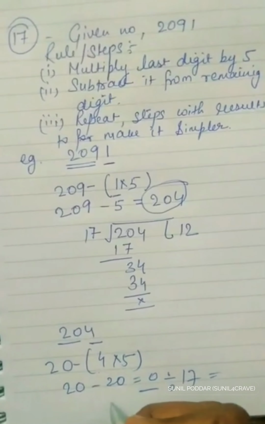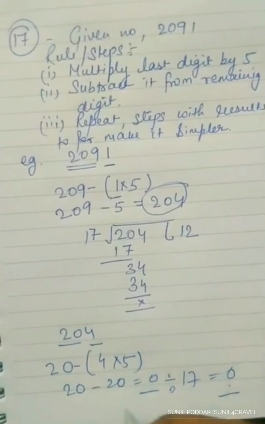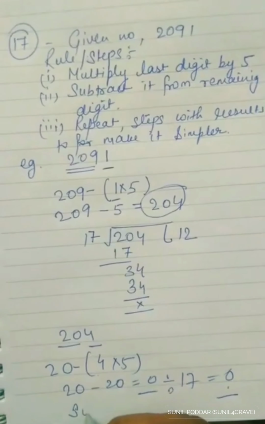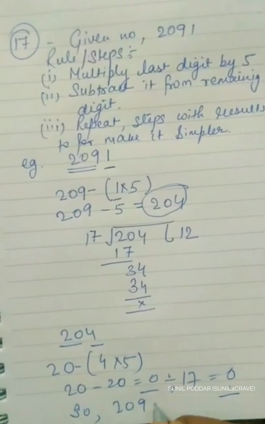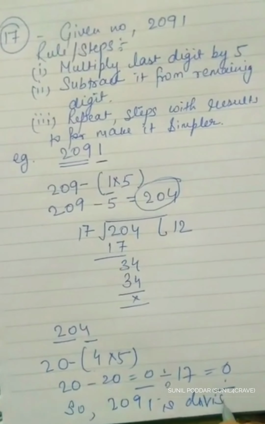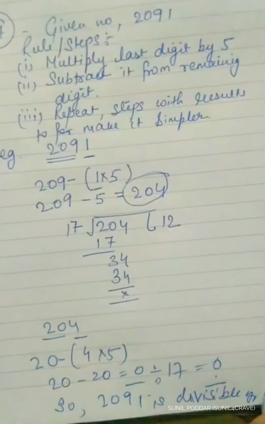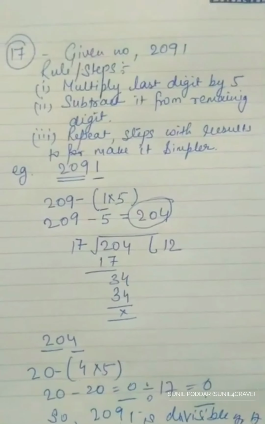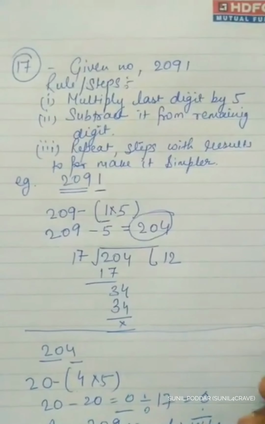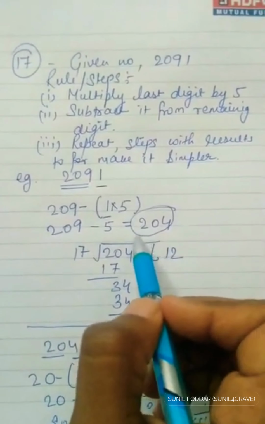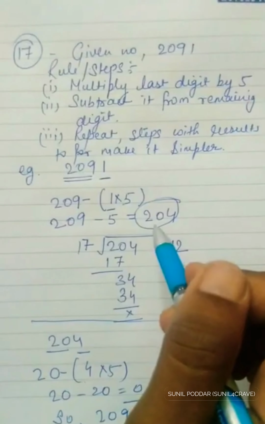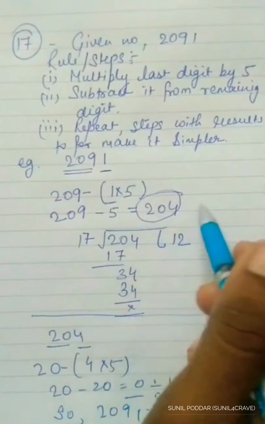So 2091 is divisible by 17, but you have to be fast enough, so you will make it earlier if you understand this concept.